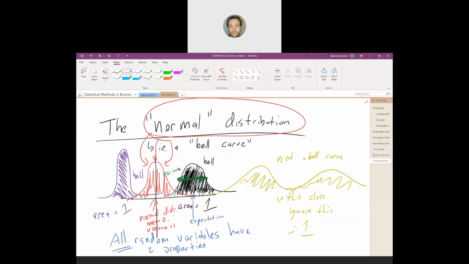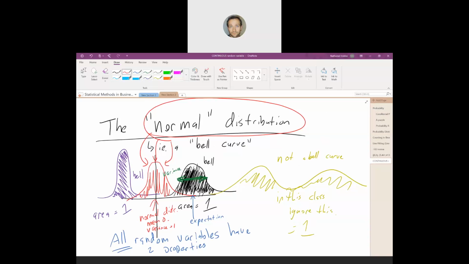Anything else, you shift it, you stretch it, you squeeze it. You can come up with another bell. But all of those things, the stretching and the squeezing, that isn't a big deal. It's a very simple process to do. But for all the interesting stuff about it, you can just talk about the red one.